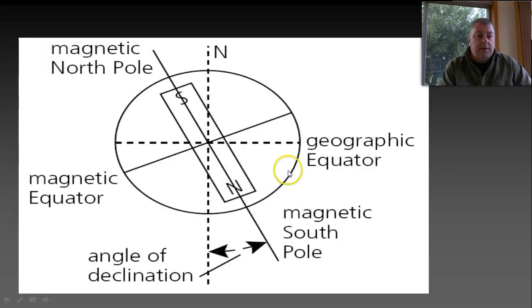So this little diagram out of your textbook shows the idea. There's our north geographic pole and our south geographic pole, and this is our north magnetic pole and our south magnetic pole.